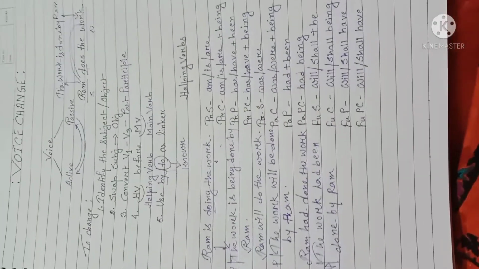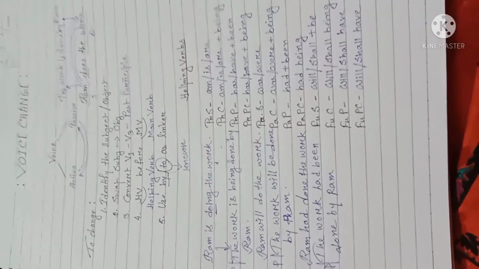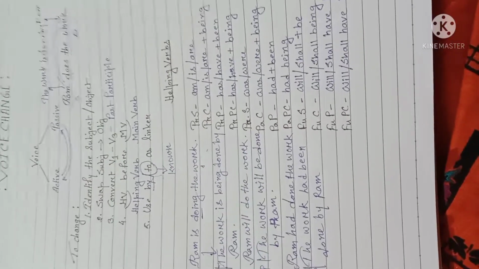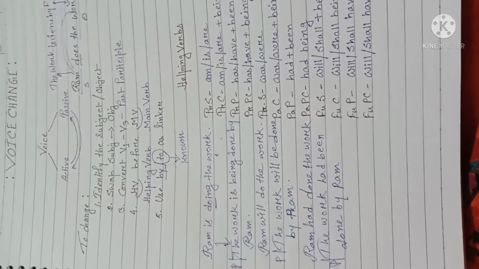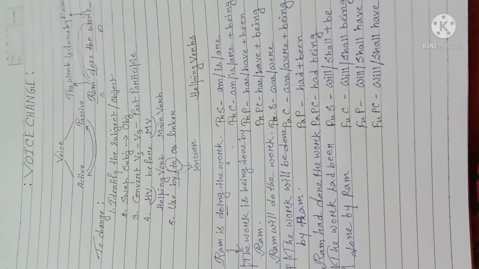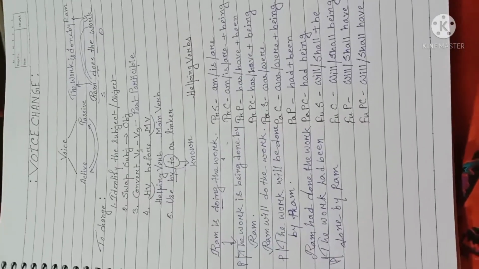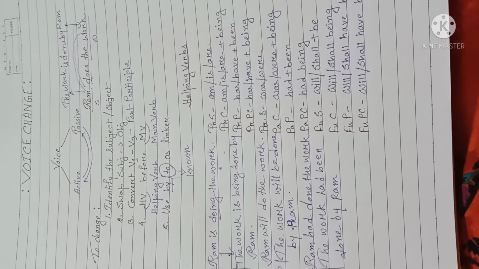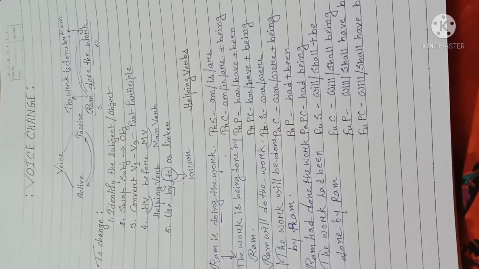In my next video I will teach you how to change the negative active voice to passive voice, how to change interrogative active sentences to interrogative passive sentences, and some other sentences also. Okay, but as it is the first thing, you have to know these 5 tricks. You have to memorize the helping verbs. If you memorize the helping verbs and the 5 tricks, then no need to be worried. You can easily change the active to passive voice.